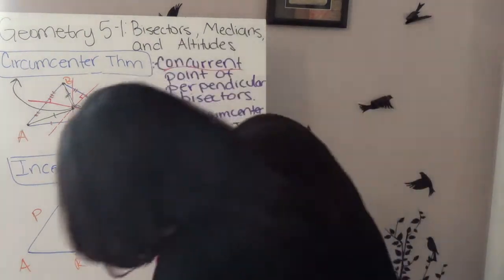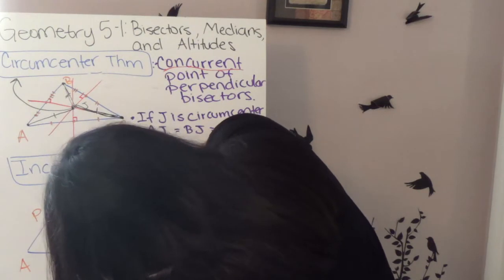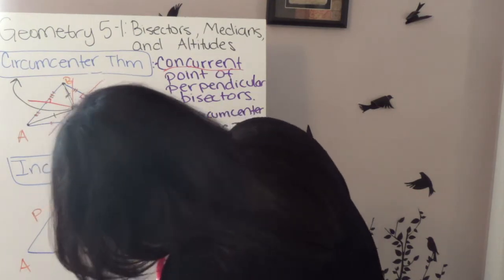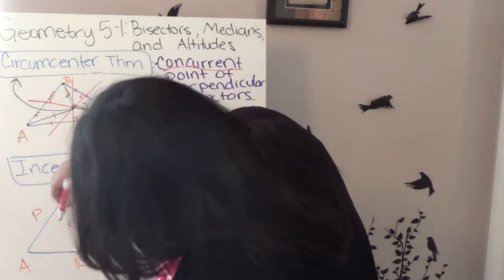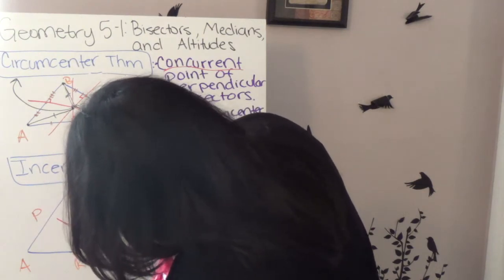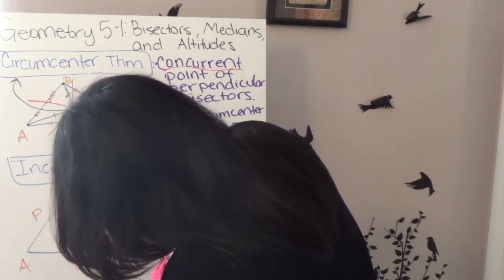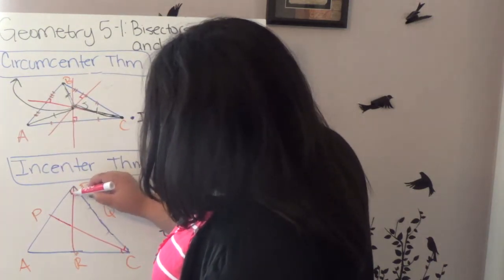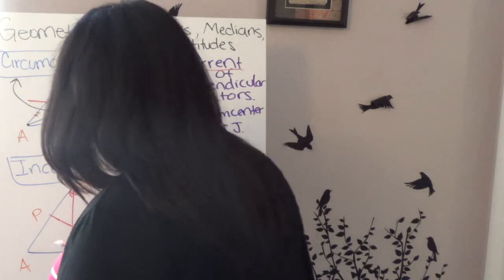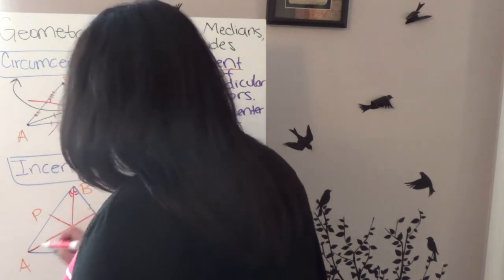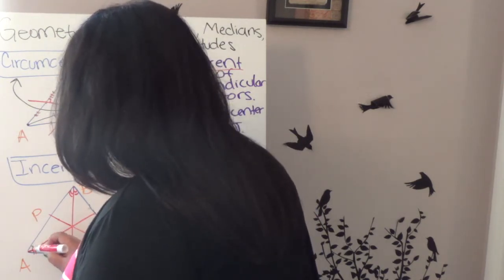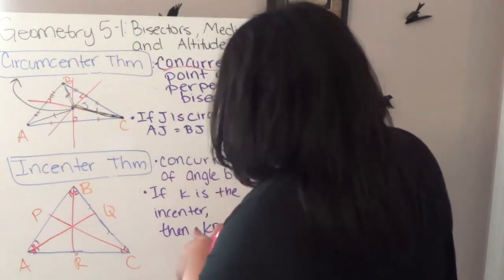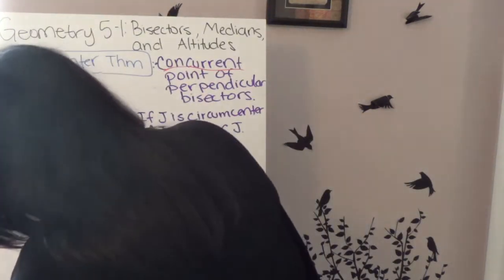So if I have C, and I've cut that in half, making this equal to this, and I've cut this in half, making this equal to this, and I've cut this angle in half and making this equal to this, then I have what is called the incenter.